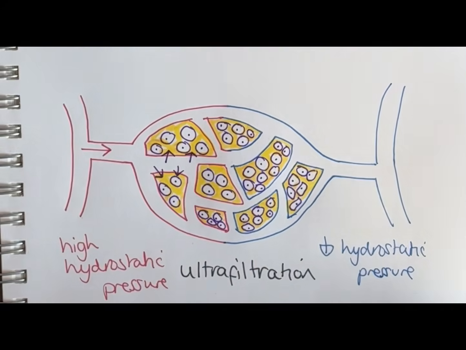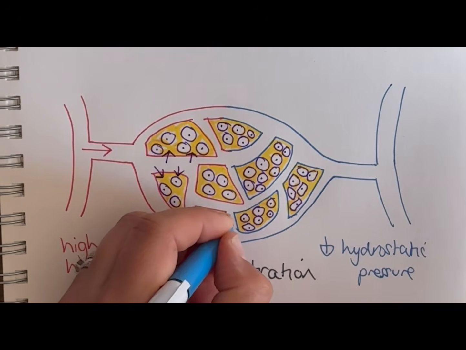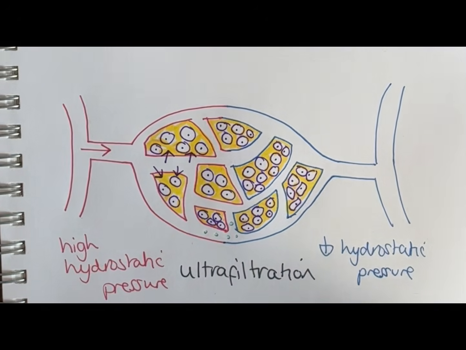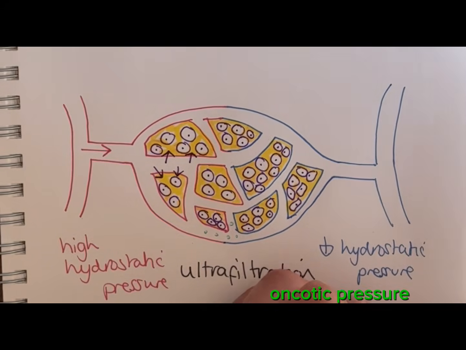The proteins within the blood vessels, which were not able to move across to the tissue fluid due to being too big, exert a special kind of osmotic pressure called oncotic pressure.